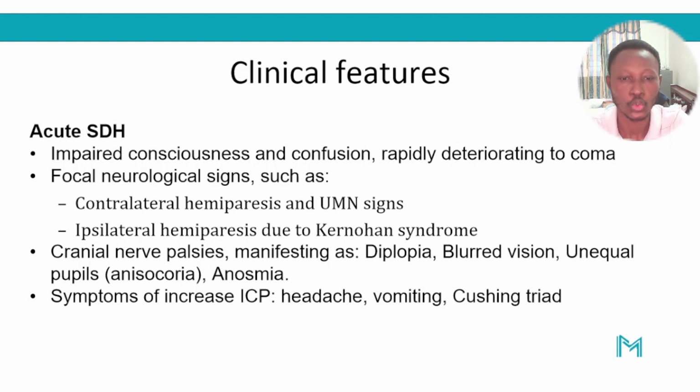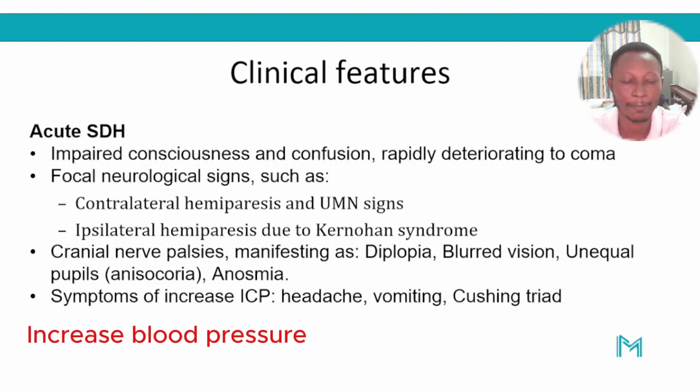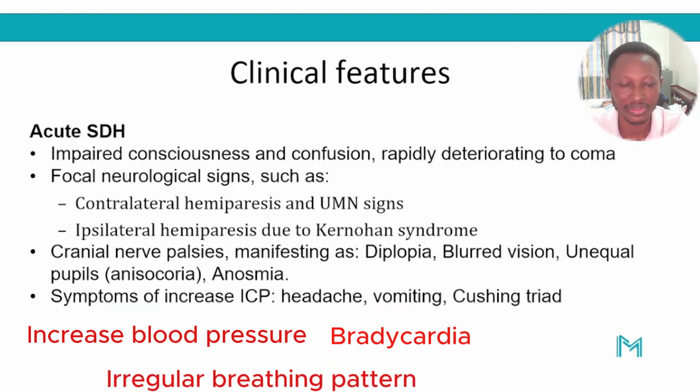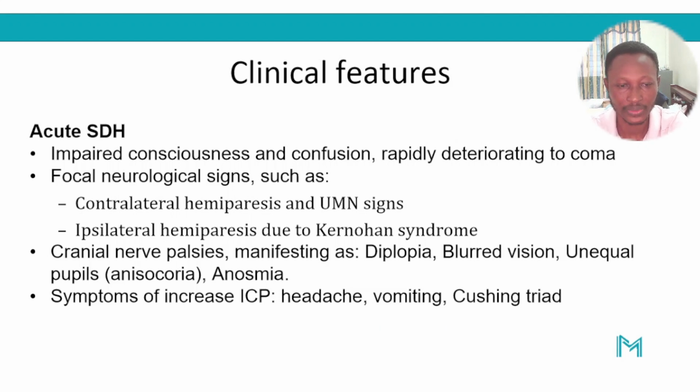So in increased cranial pressure, what is happening is that you have increased blood pressure, the heart rate reduces, that's bradycardia, and then you have an irregular breathing pattern, and that's what is called Cushing's triad. Those three things: increased blood pressure, bradycardia, that's a slow heart rate, and irregular breathing pattern. And this is occurring as evidence of an increase in intracranial pressure.